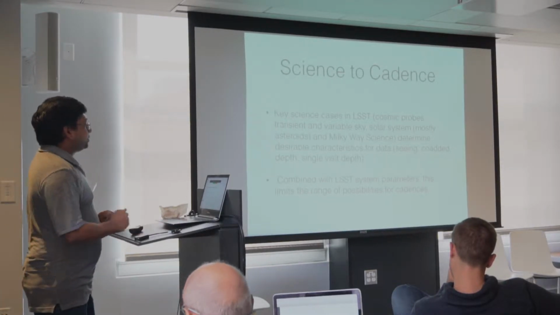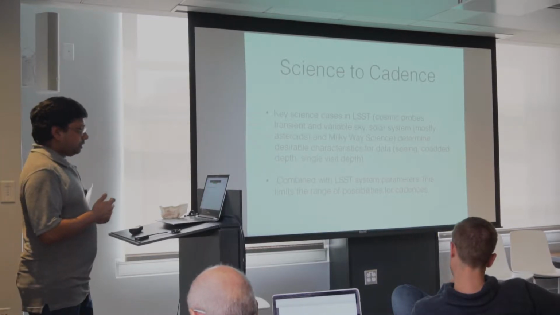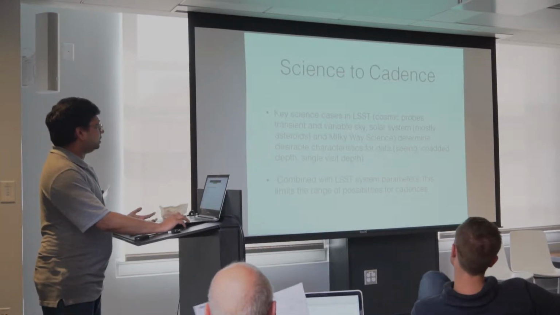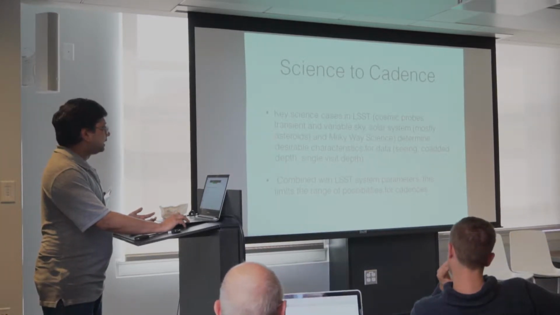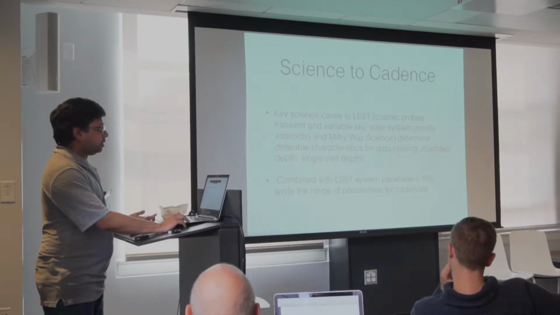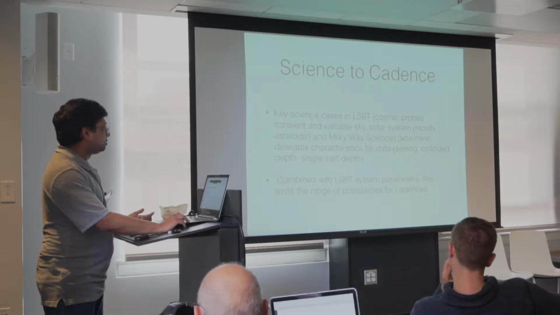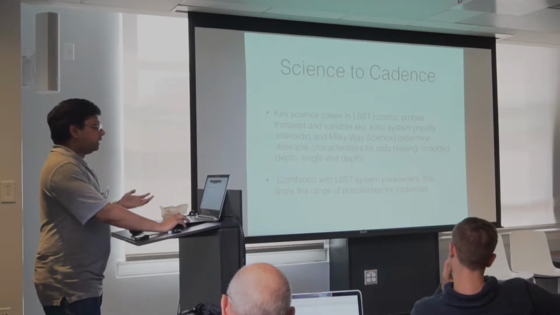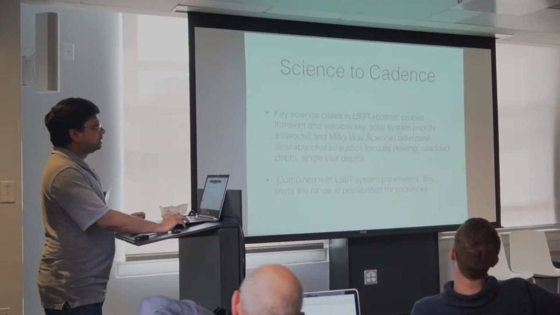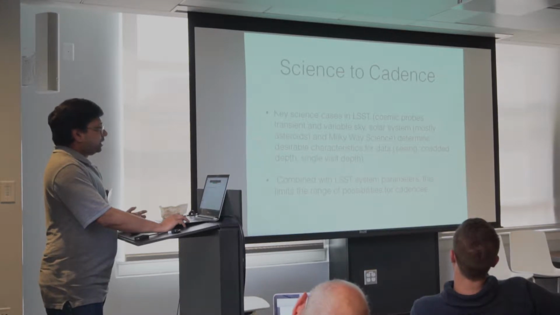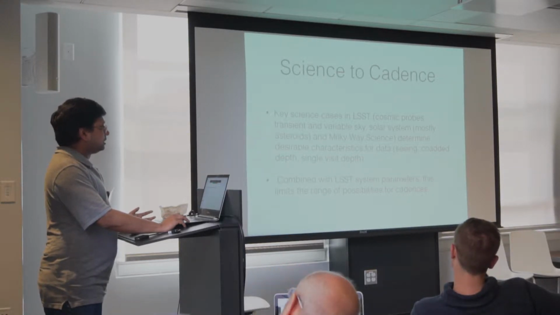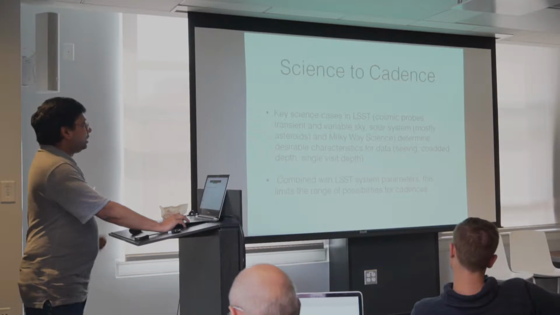Okay, so the cadence in LSST is determined by a set of key science cases. That's mostly cosmic probes, weak lensing, BAO, large-scale structure, and then supernovae, and then transients, and then largely solar system, mostly asteroids.